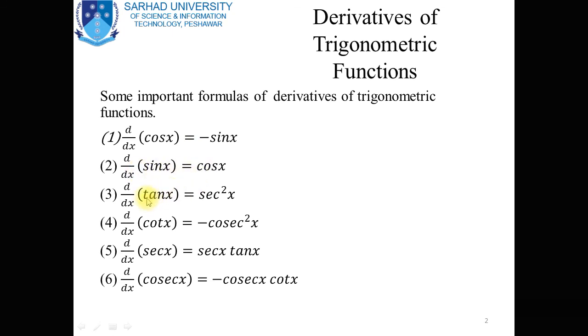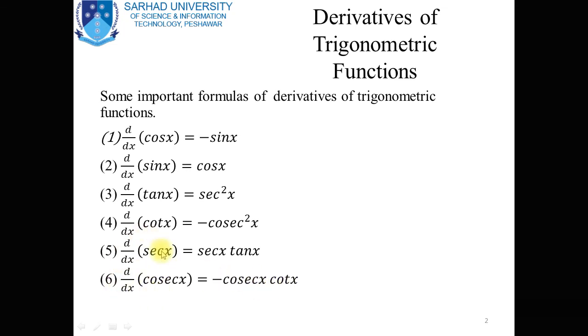Derivative of tangent x with respect to x is equal to secant square x. Derivative of cotangent x with respect to x is equal to minus cosecant square x, and the derivative of secant x with respect to x is equal to secant x tangent x. Similarly the derivative of cosecant x with respect to x is equal to minus cosecant x cotangent x.